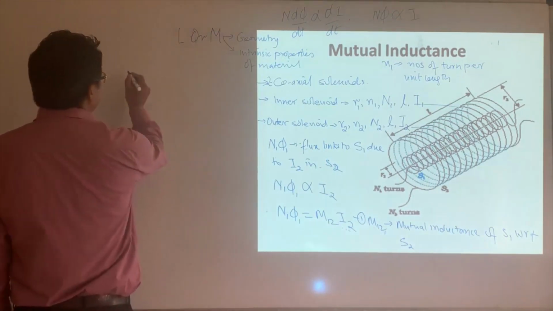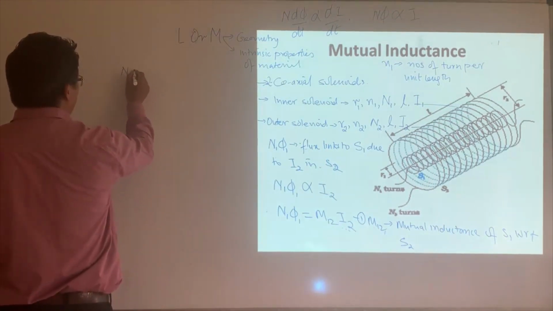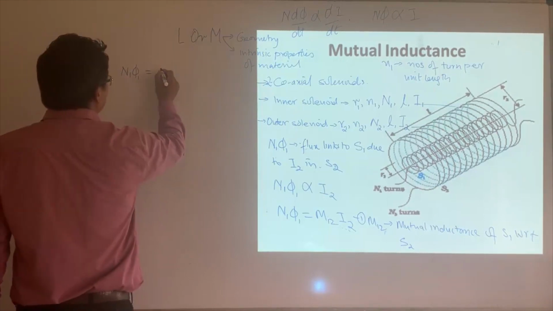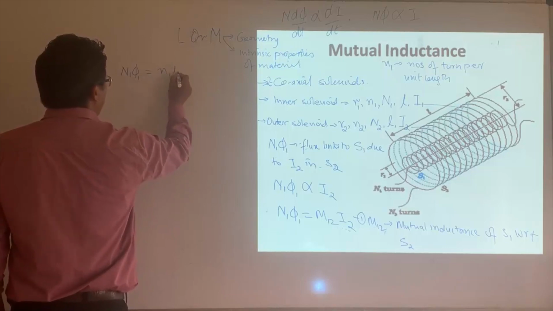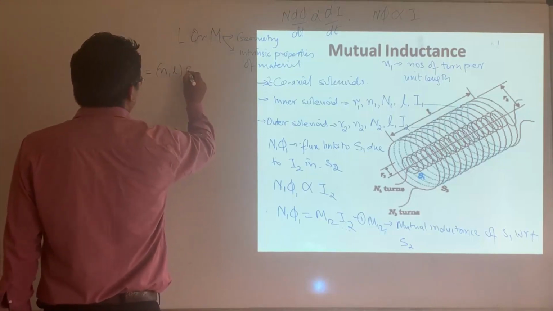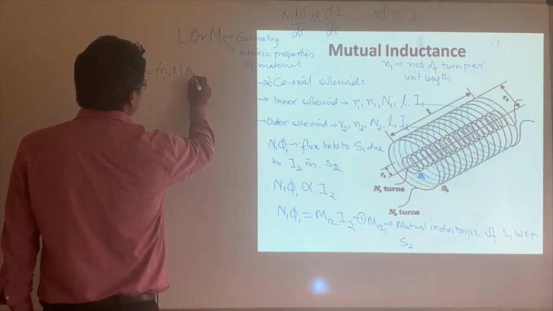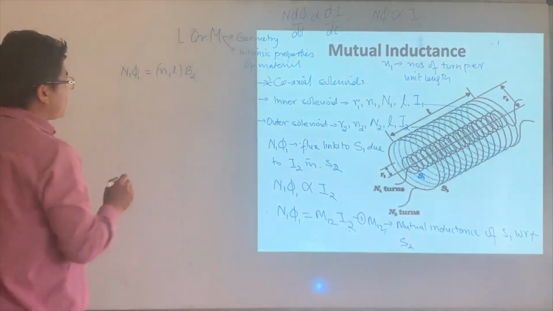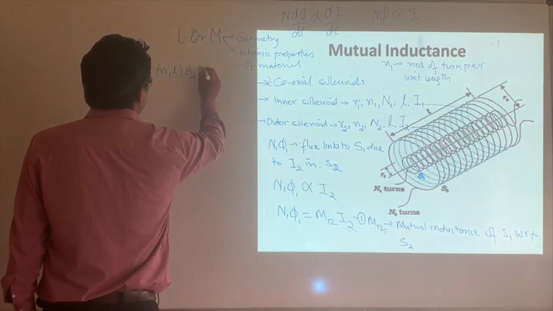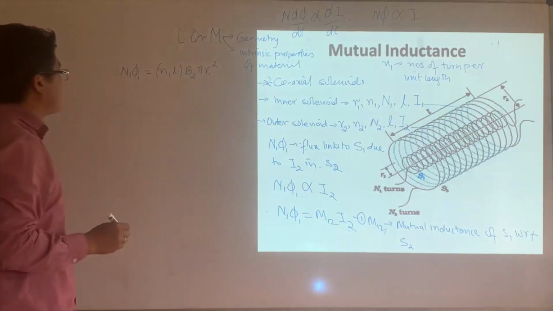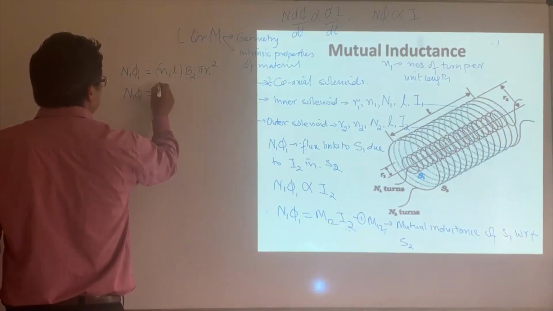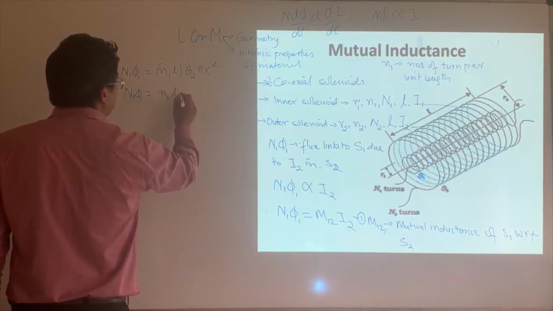Now I would like to write here what is N1: the number of turns is equal to N1L. And what is flux? Flux is BA. B is due to solenoid 2, that is why I write B2, and the area is A1, that is pi R1 square. Now look at here, what is B2?